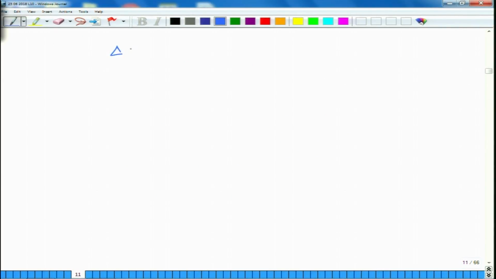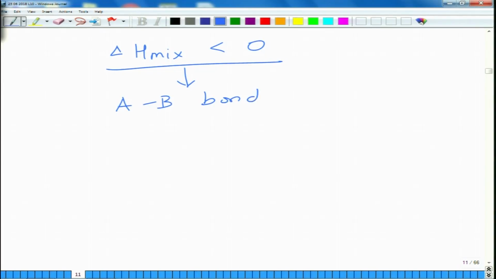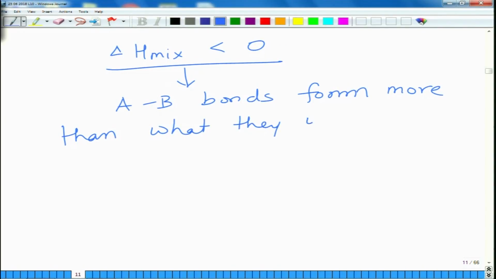Okay. But if there is a propensity of AB bond formation, then delta H mix is less than 0. So, this says that AB bonds form more than what they would in a random solution.